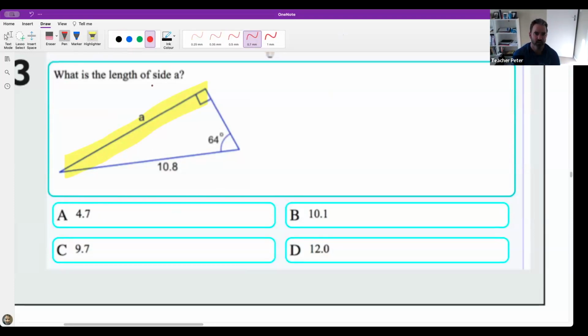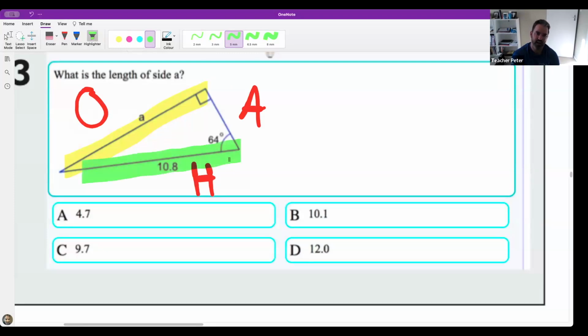What do we think it is for this one? So we know that's big H, that's big O, that's big A. We're given H and we want O, so the trig ratio that involves O and H is sine.